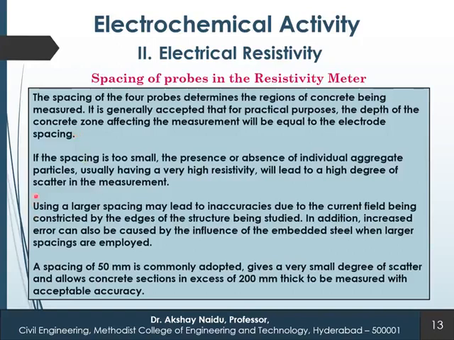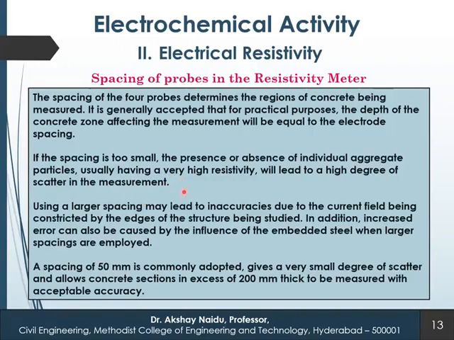That is the idea. If the spacing is too small, the presence or absence of individual aggregate particles, usually having a very high resistivity, will lead to a high degree of scatter in the measurement. From point to point, we have to change the position of the resistivity meter on the concrete surface to take multiple measurements.